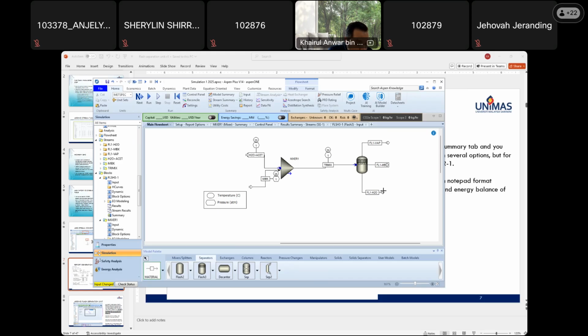SEP2 is the two-outlet component separator, so only two, like a Flash 2, similar. It separates inlet stream component into two outlet streams. So each has its own purpose, depending on your system.